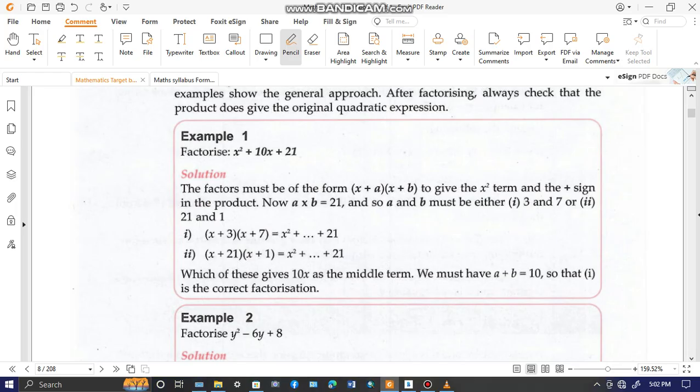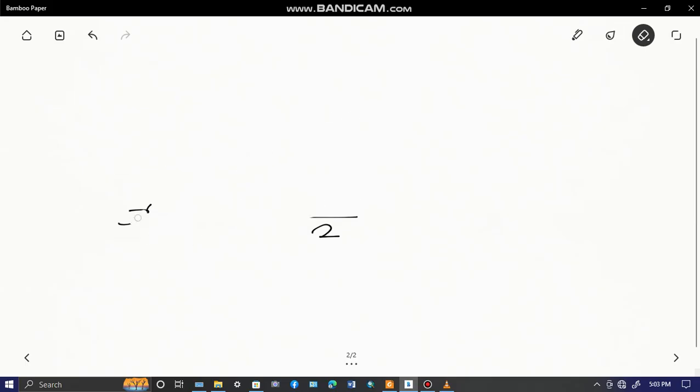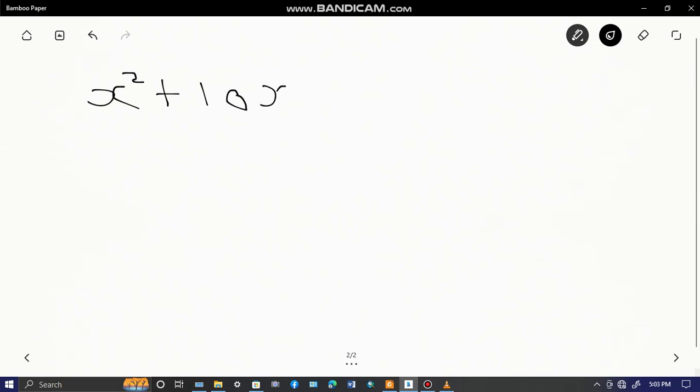You have x squared plus 10x plus 21. To factorize, start by writing the expression as follows: x squared plus 10x plus 21.